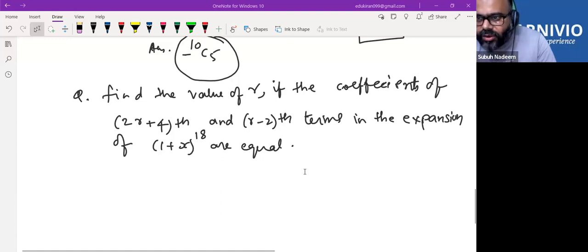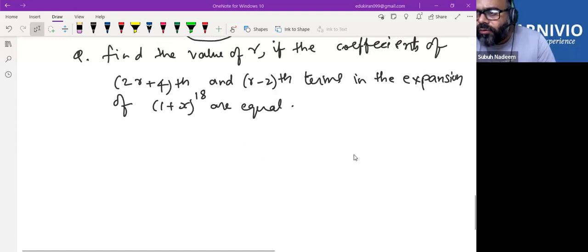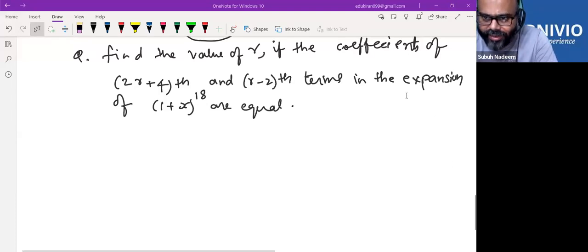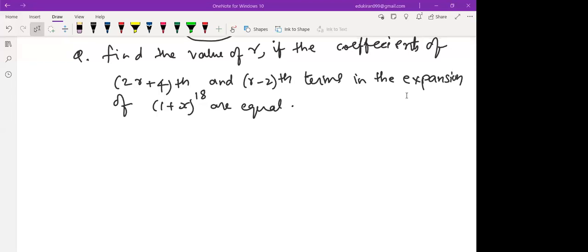So find the value of r if the coefficients of (2r plus 4)th and (r minus 2)th terms in the expansion of (1 plus x) to the power 18 are equal. Just give it a try. I'm coming in a minute. Okay, sir.